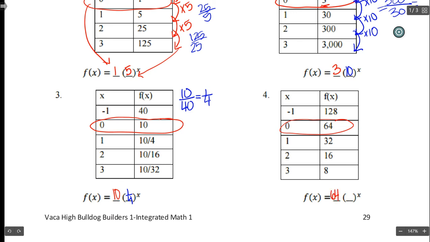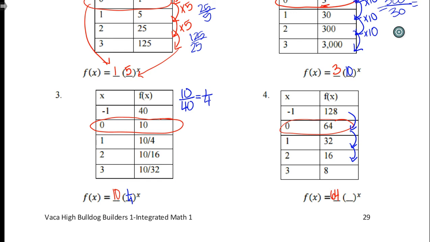So that is my starting value. That is my y-intercept. And what is my multiplier? What do I do each time to get to the next number? And some of you might see what it's dividing by each time. And if you see that it's dividing by 2 each time, then you could say that your multiplier is 1/2.